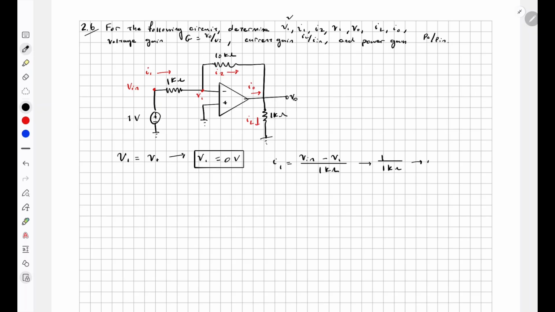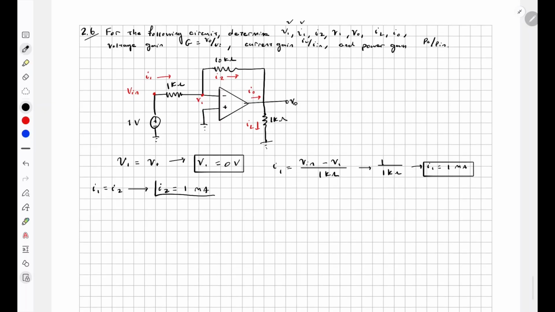So I1 is equal to 1 milliamp. And likewise, we know that in the ideal op amp, there's no current that goes into the op amp. So therefore I1 is equal to I2. So I2 is also equal to 1 milliamp.